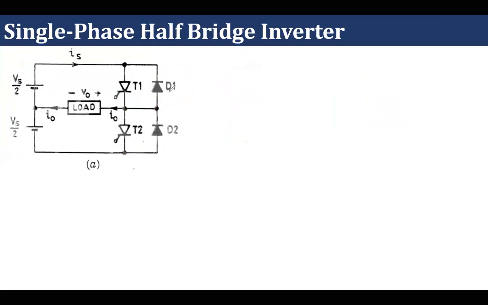Now, why do we need the combination of a controllable switching device and a diode? Actually, in the case of an inverter, the requirement is a semiconductor device which has unipolar voltage capability and bipolar current capability.